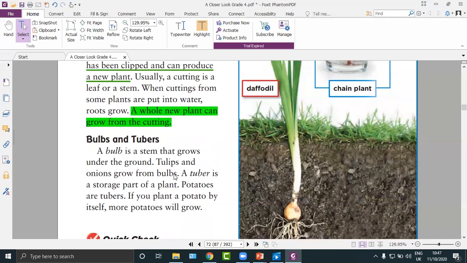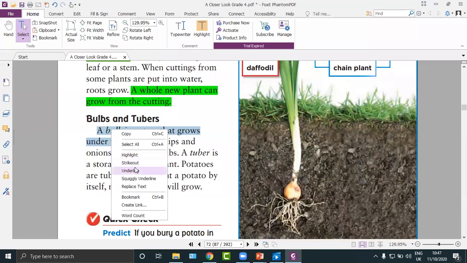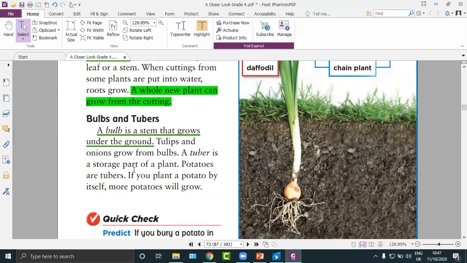Bulbs and tubers. Teacher, can I read? After.